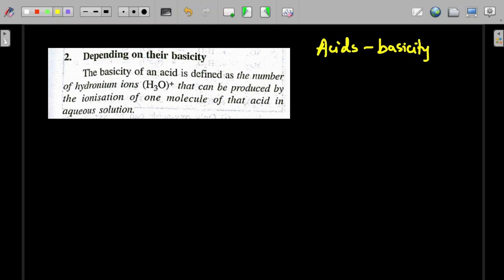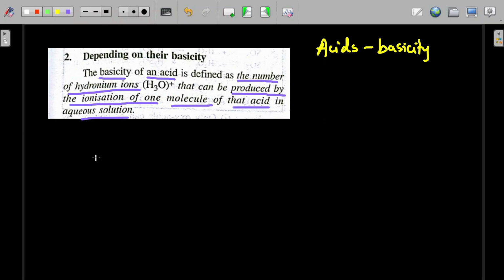And for bases, we will study acidity. Now the definition: the basicity of an acid is defined as the number of hydronium ions that can be produced by the ionization of one molecule of that acid in aqueous solution.